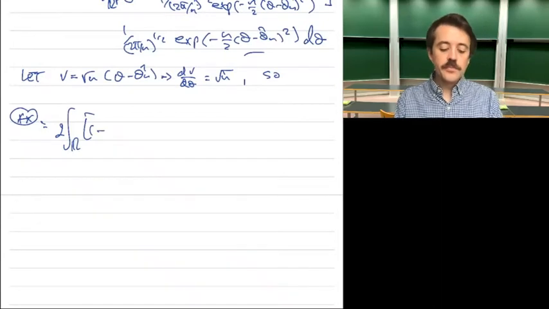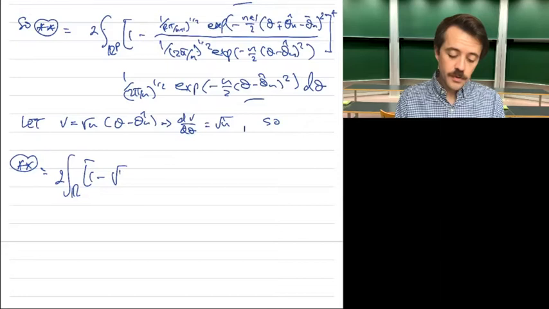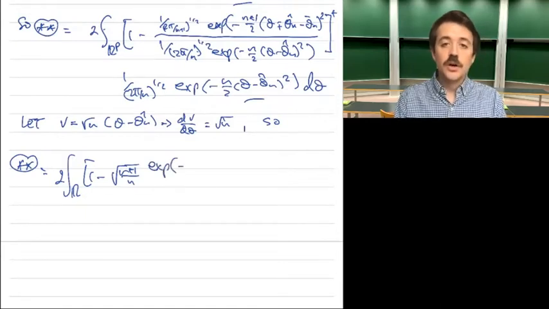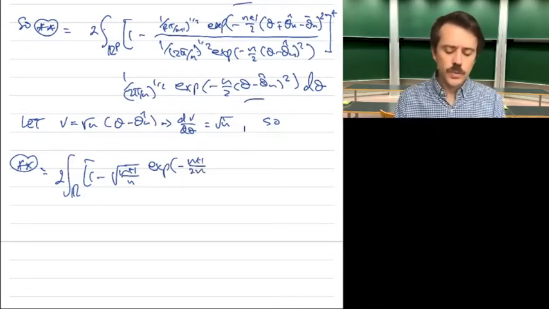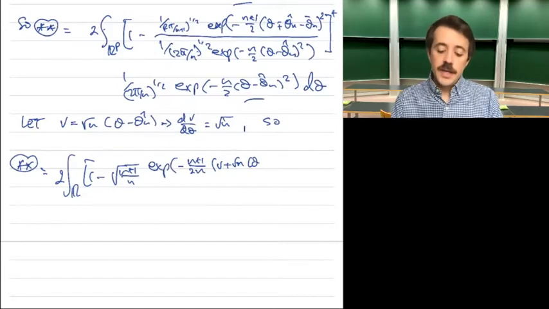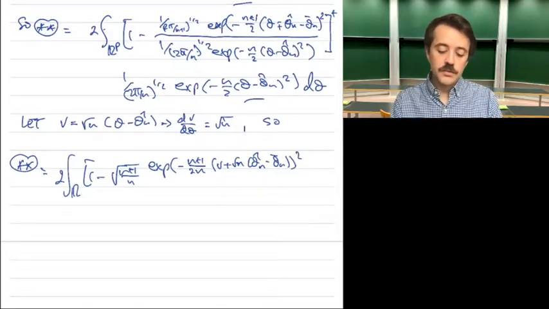So what we get here after the change of variables is simply the following quantity. This is n+1 divided by n, and the exponential of n+1 over 2 times n. So that's something that is just a bit greater than 1/2, and we get this v plus square root of n times theta n hat minus theta n bar, which is, by the way, a quantity we've seen already.